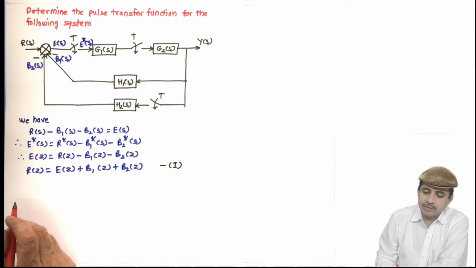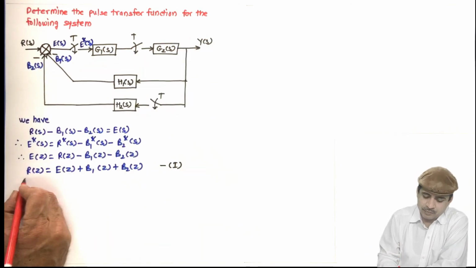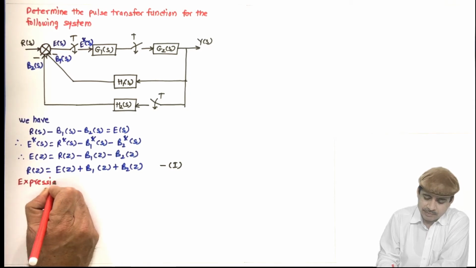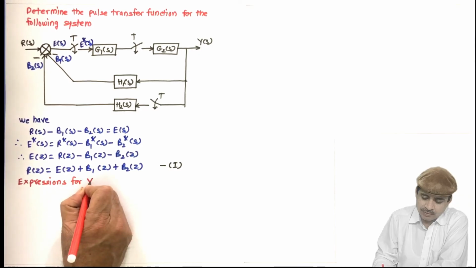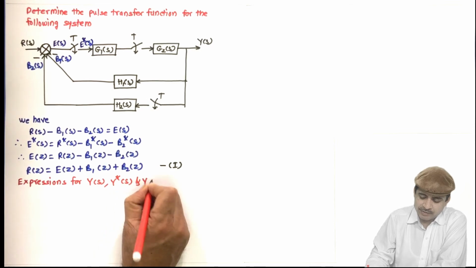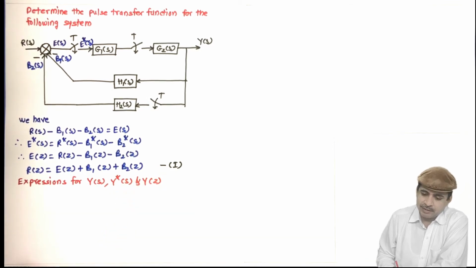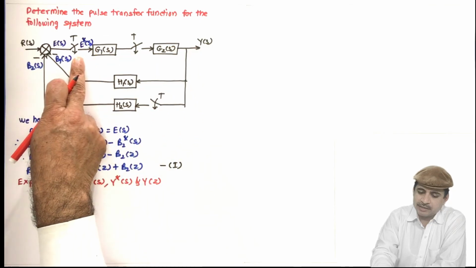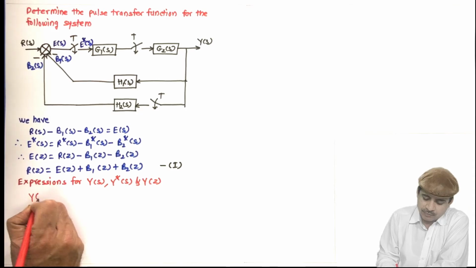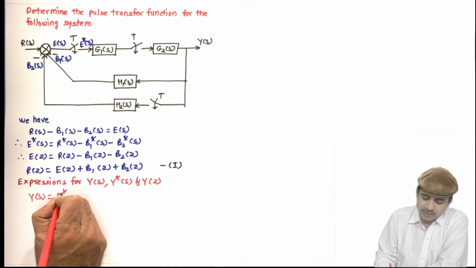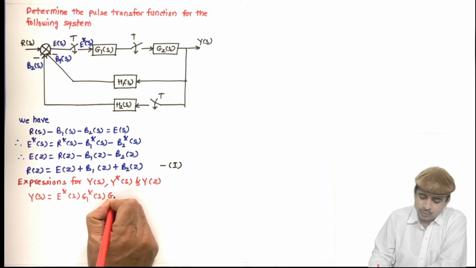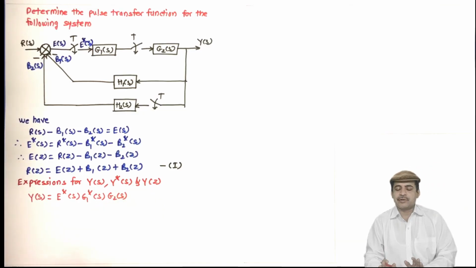Next step is we have to get expressions for B1, B2 and Y. First, expressions for Y of S, Y star of S and Y of Z. For this, Y of S will be E star S into G1 star S into G2 of S. I have written it directly.